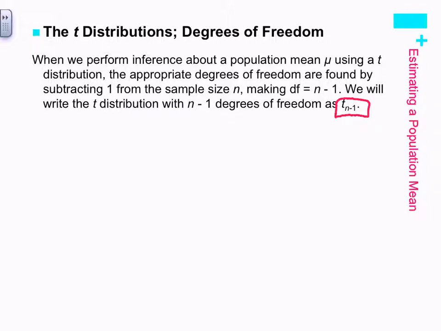So we fix this problem of your estimate being too small by using n minus 1 degrees of freedom. So it just fixes the problem. It has to do with why in the beginning of the year, when we were doing standard deviation, we divided by n minus 1. I'll make that connection again in class. Your textbook does a good job of explaining this further, on pages 577 to 578.